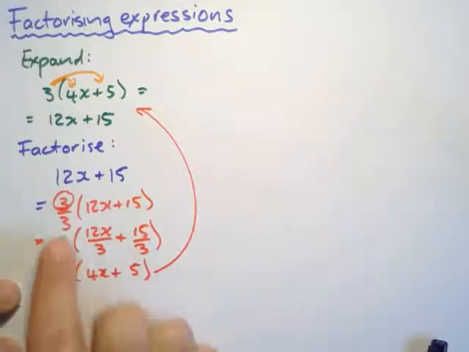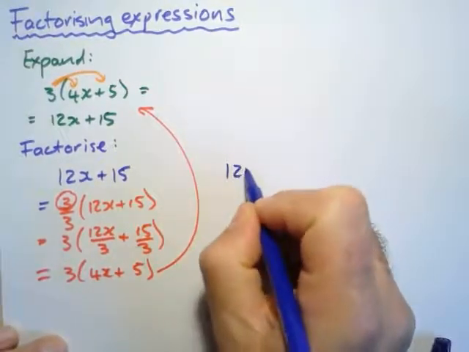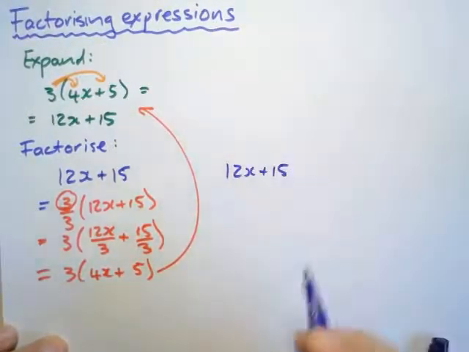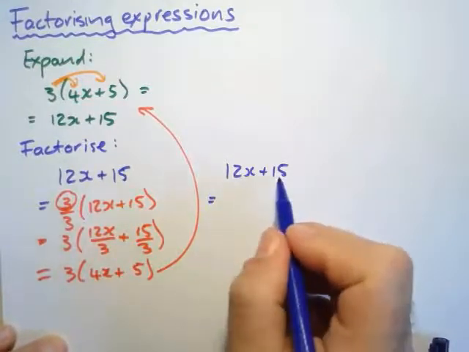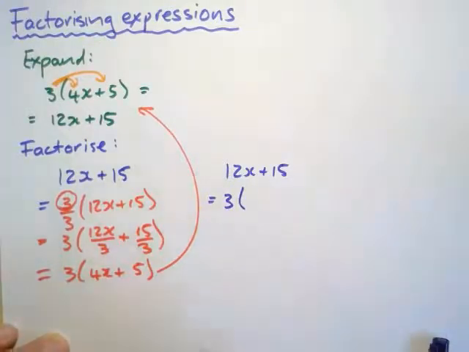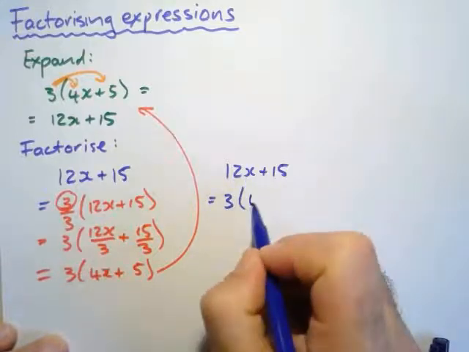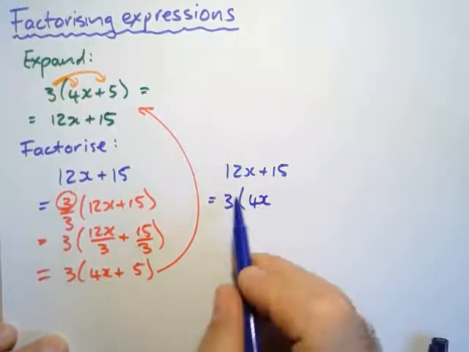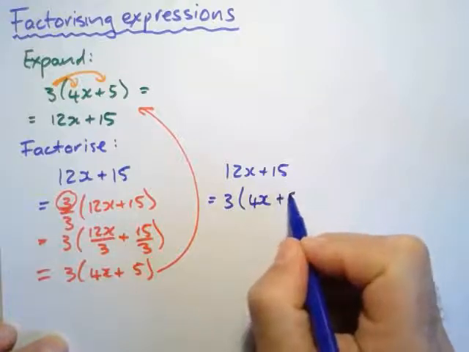So instead of doing this every time, I'm just going to do the following. If I have 12x plus 15, I ask myself, what is my highest common factor? The highest common factor for these terms is 3, so I take out 3. Then I ask myself, 3 times what will give me 12x? The answer is 4x. 3 times what will give me plus 15? It will be 3 times 5.